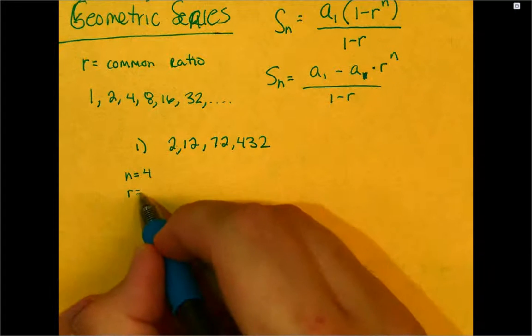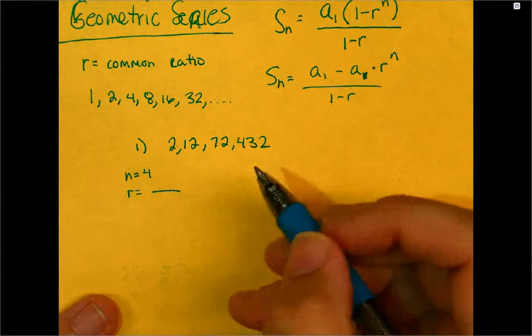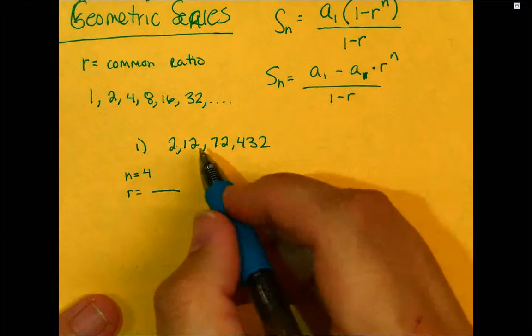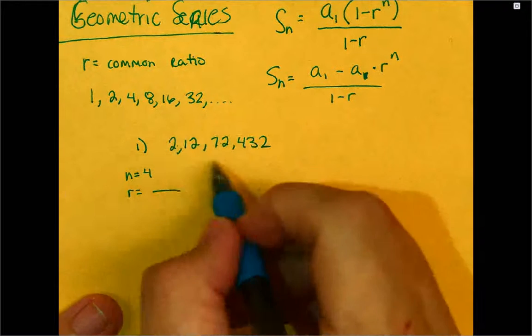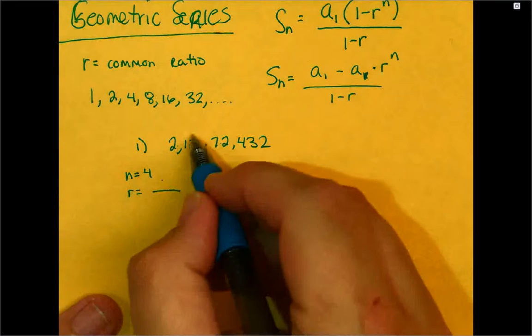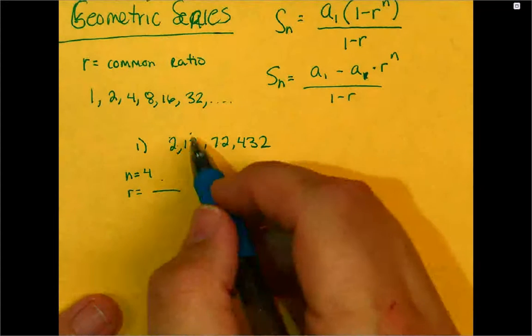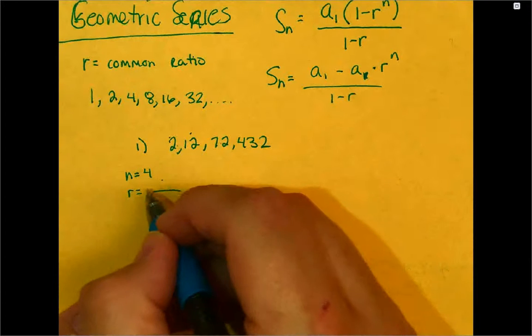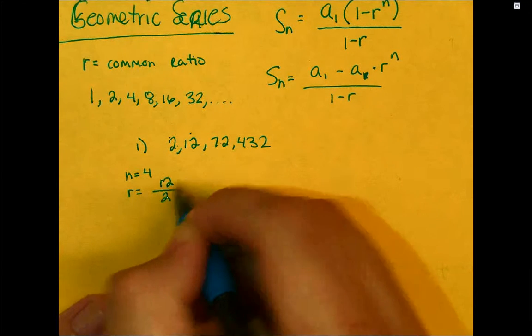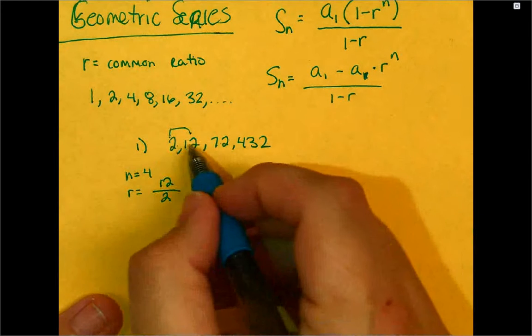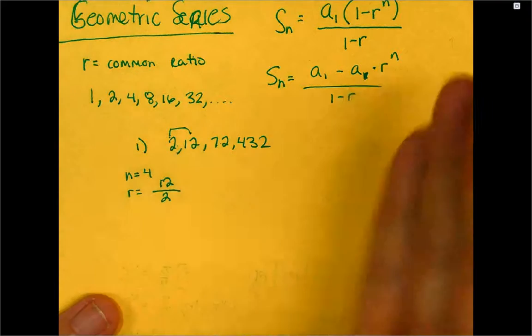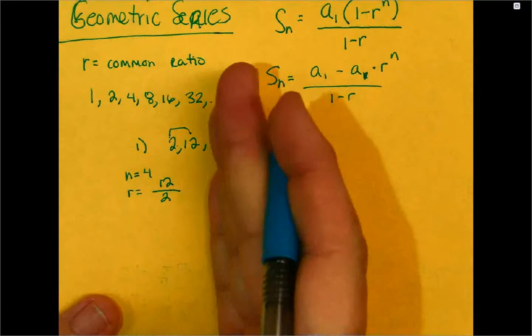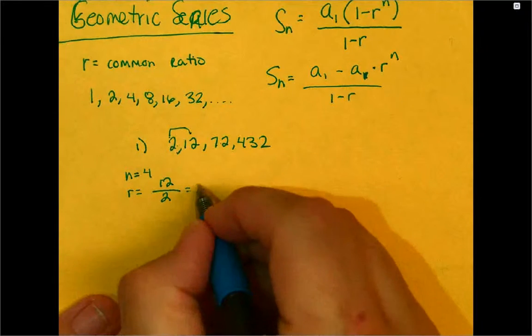How do I figure out what r is? You take two terms and then you have to divide them. So I'd take 12 divided by 2. So I'd use these two terms, take the newest term divided by the one right behind it. So I get 6 out of that.